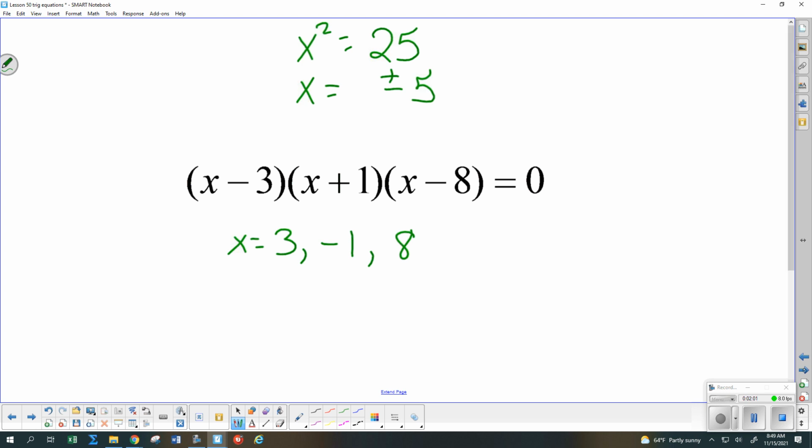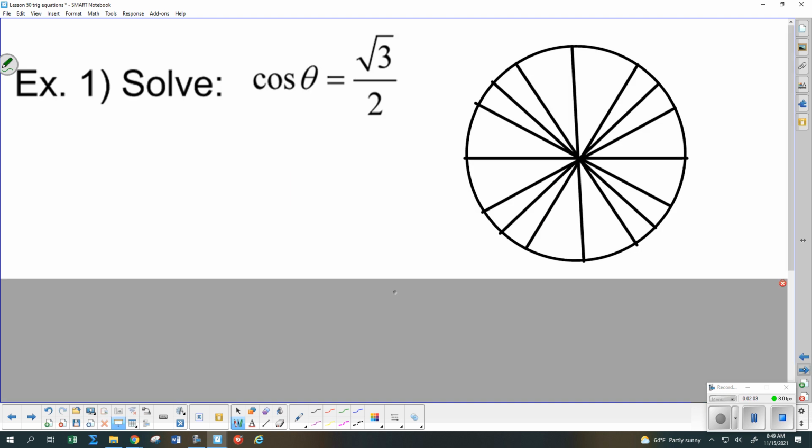So now we move to trig ones. So write down every single angle that has a cosine of √3/2. So cosine, is that my x's or my y's? Cosine is the x's, so that means from the y-axis I'm moving to the right.